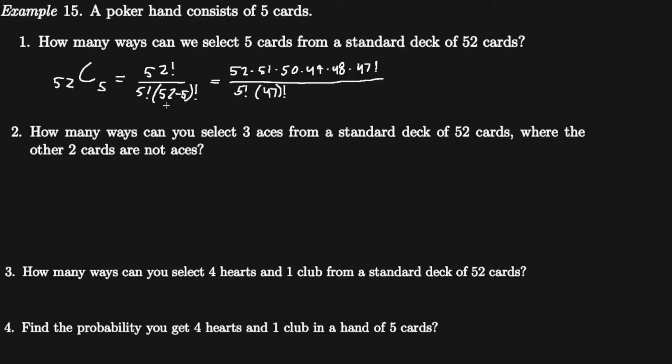The 47 factorials get canceled out, so this is just basically 52 times 51 times 50 times 49 times 48 over 5 times 4 times 3 times 2 times 1.